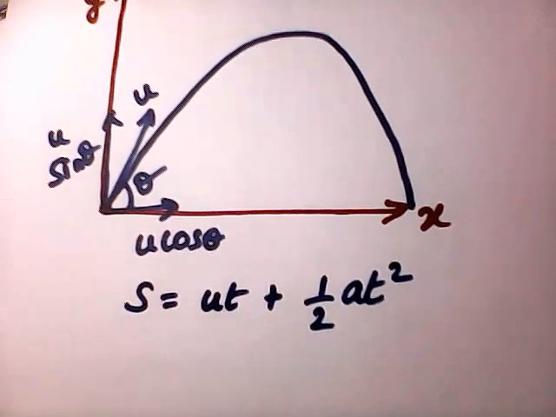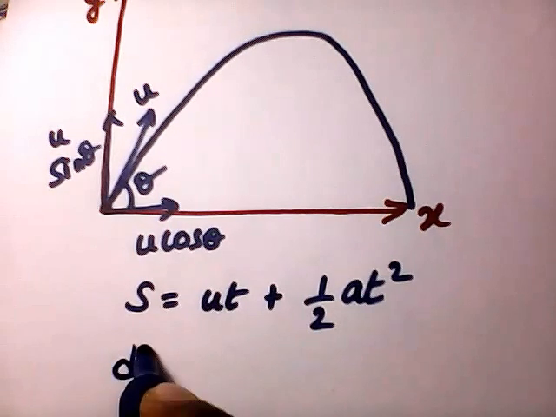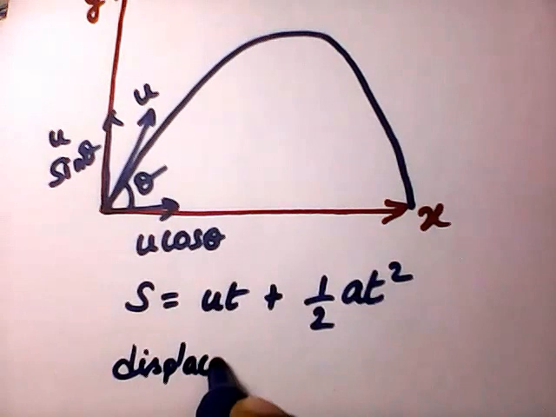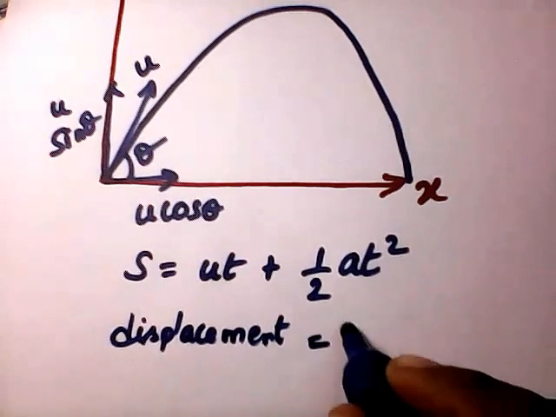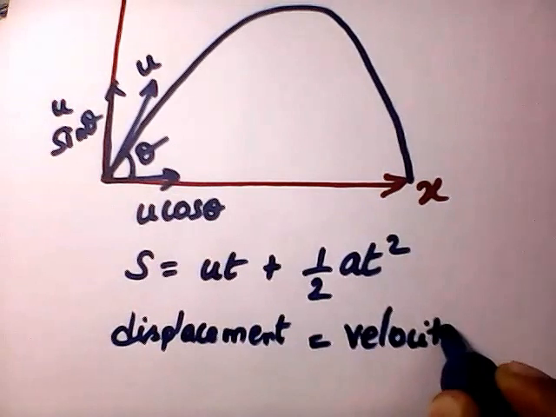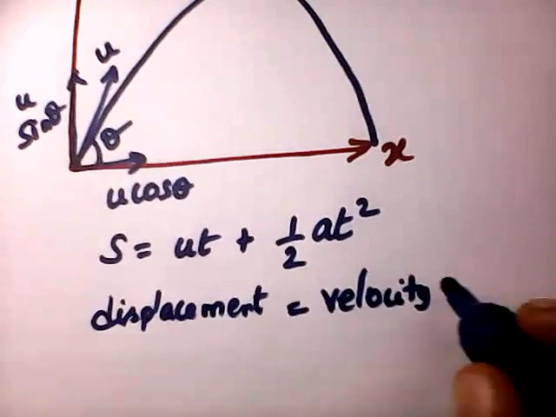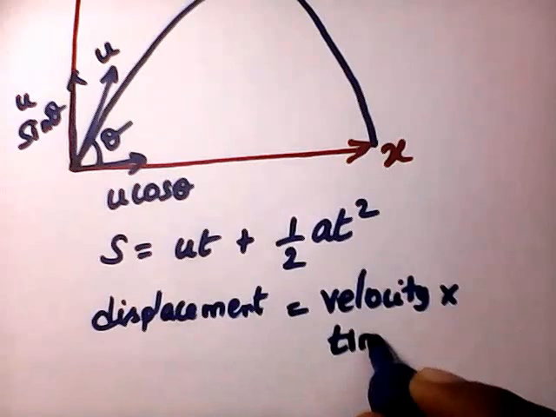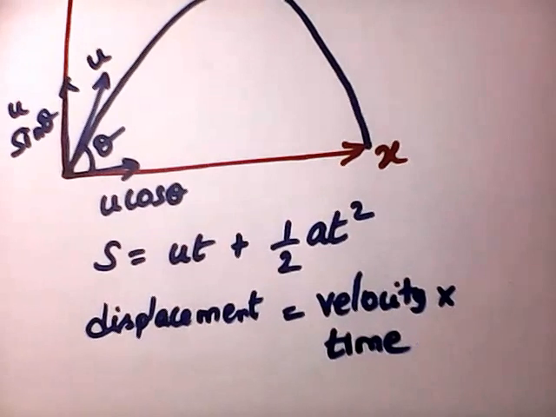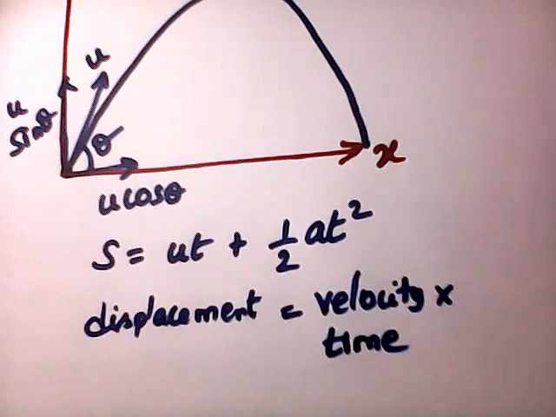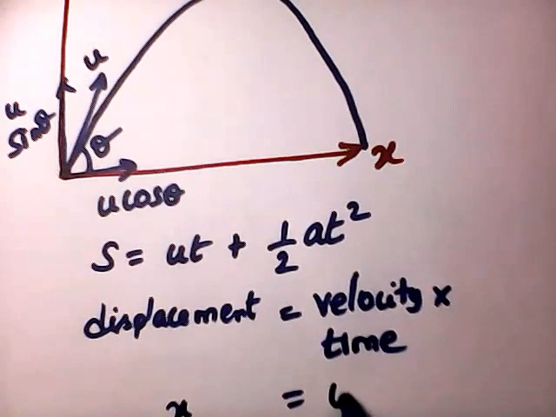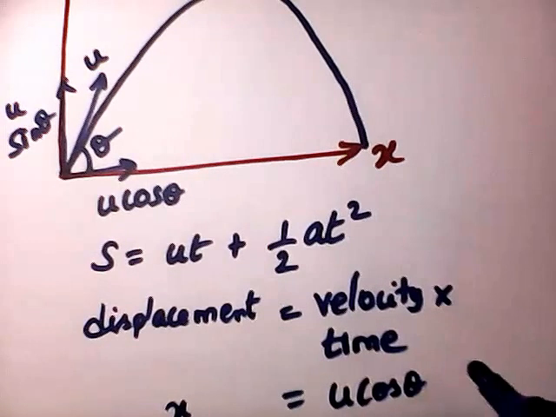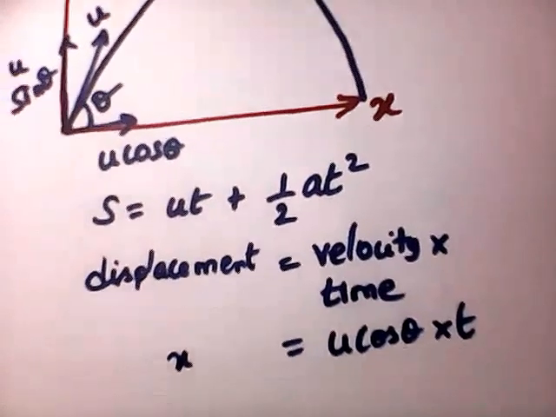This is a general equation, and one more general equation is displacement is equal to velocity into time. So for horizontal displacement x, u cos theta is the horizontal velocity and time is t.